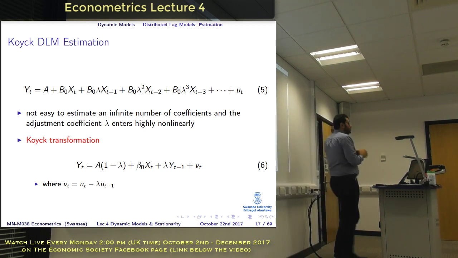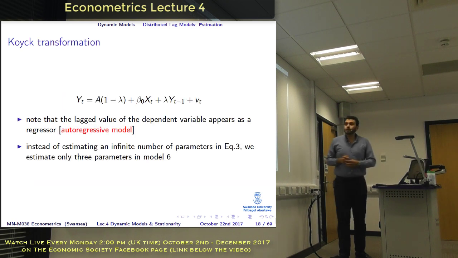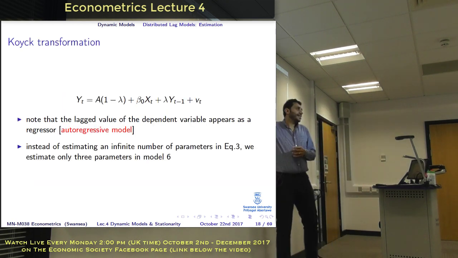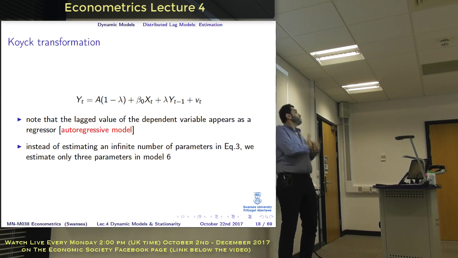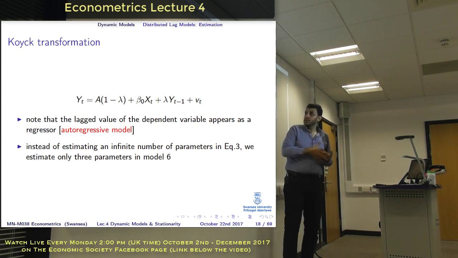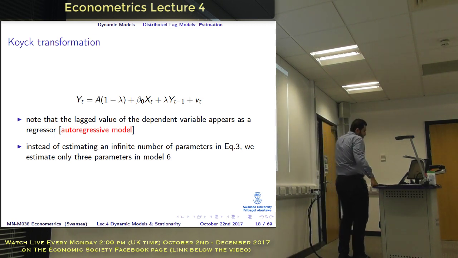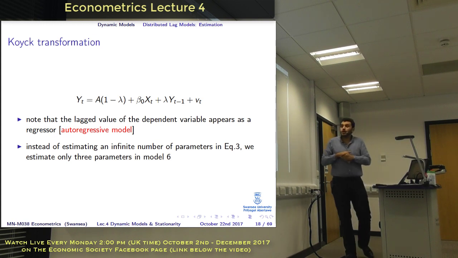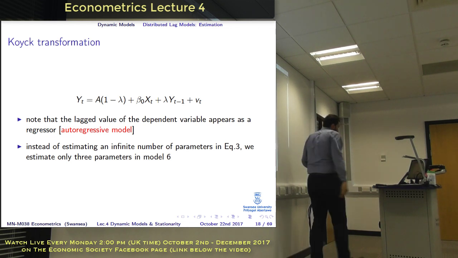So we transformed the distributed lag model into another form, the autoregressive model, meaning that y t, the consumption expenditure here, depends on its own values in the past, in t minus 1. This is the first time we see the lagged values of the dependent variable on the right-hand side, and that's why it's called autoregressive.